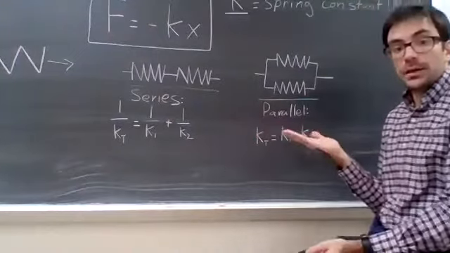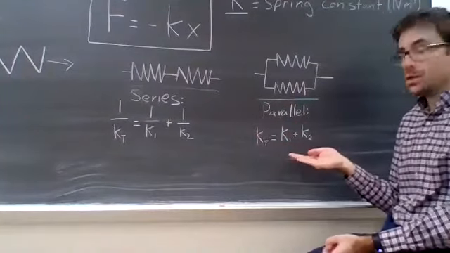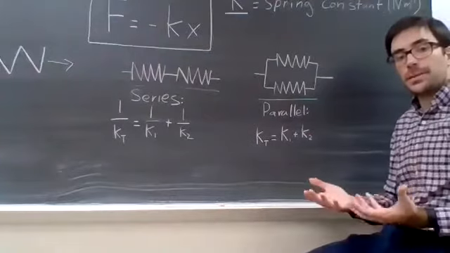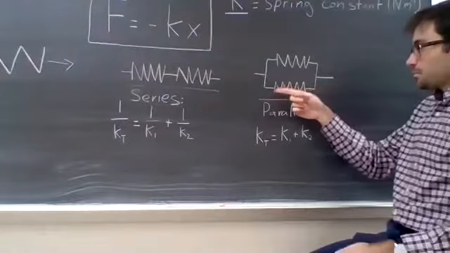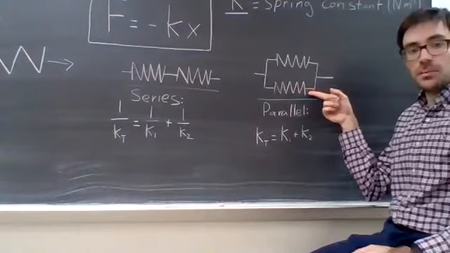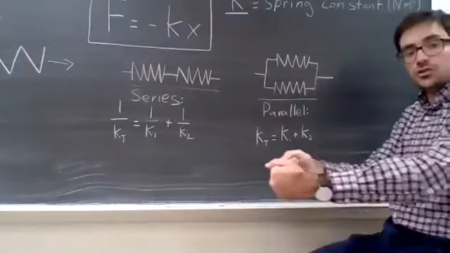Now, in parallel, it's a simpler picture. The total spring constant is simply the sum of the individual spring constants. And this maybe makes a little more sense. You can imagine we have to use 5 newtons to pull this one 10 centimeters and 5 newtons to pull this one 10 centimeters.